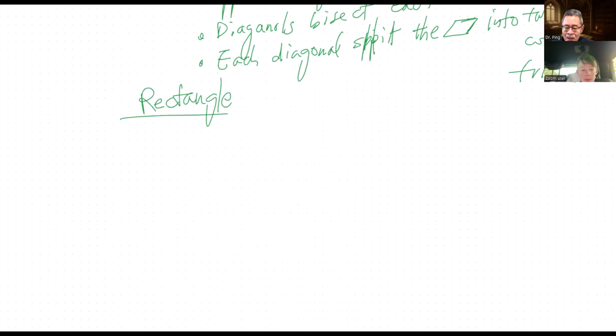So it's a special type of parallelogram, so it has all the properties of a parallelogram. But here's something new: all angles are 90. We're talking about interior angles. Angles are 90 degrees. Good?